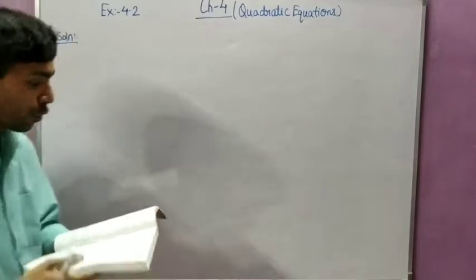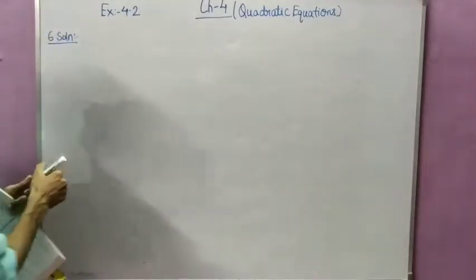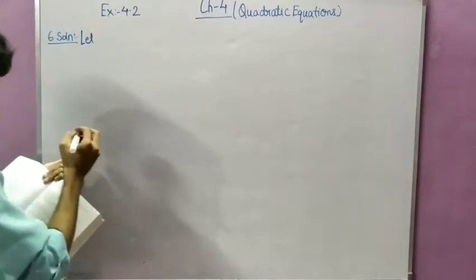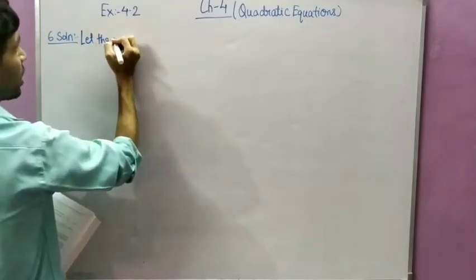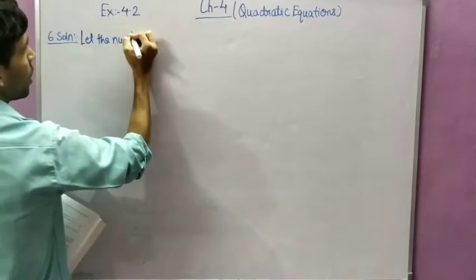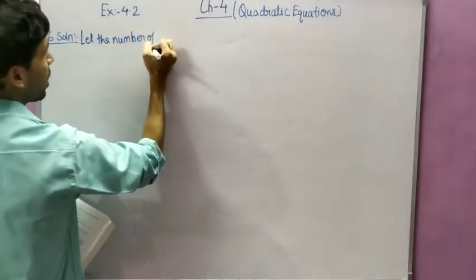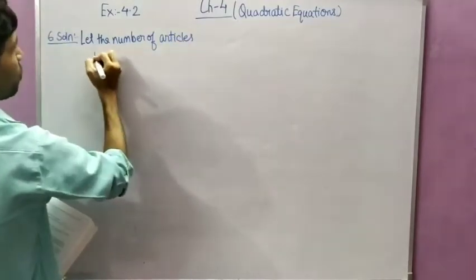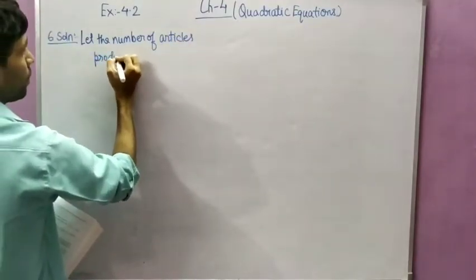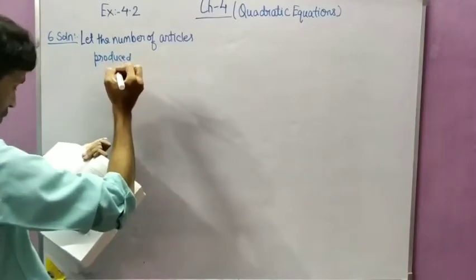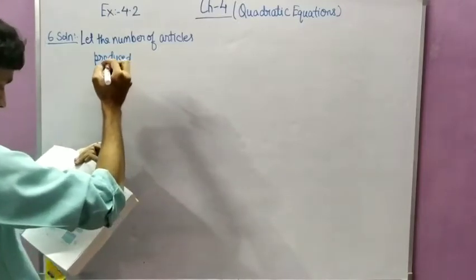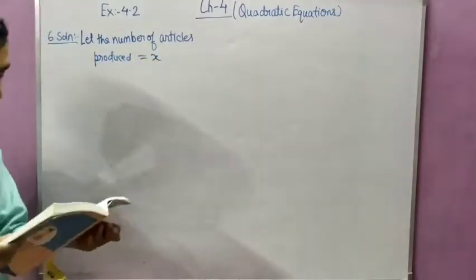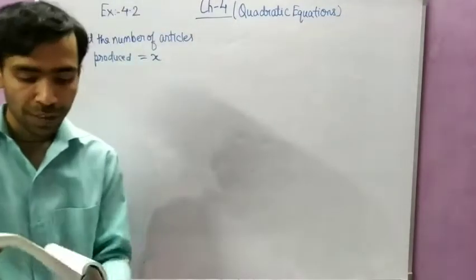So what we will do, we will assume, let the number of articles produced be equal to x.